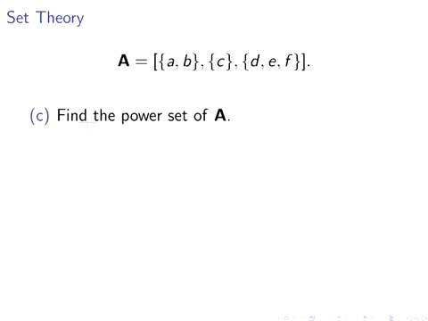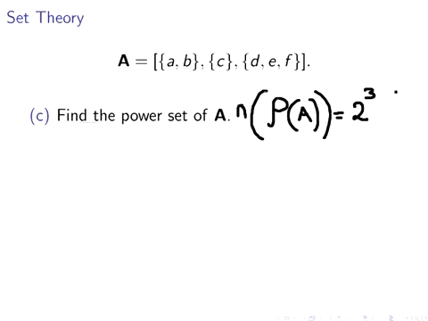Just as a remark, the cardinality of A is 3. So the cardinality of the power set, which we will write as follows: P of A is how we denote the power set, and the cardinality of that power set is denoted n, and it is going to be 2 to the power of 3 elements.